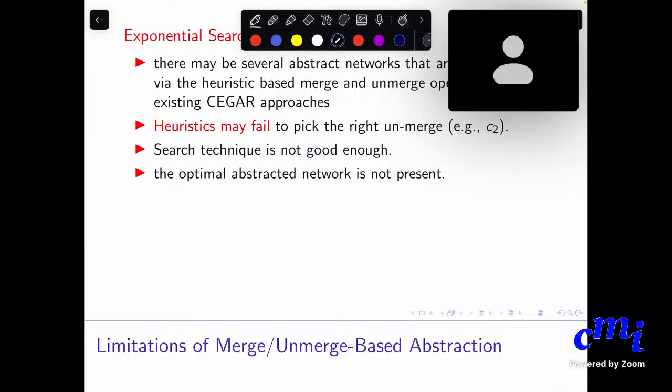Just one small question: here when we have this exponential search space, there are many different partitions we can choose, and all of them, if you follow Guy-Katz's method, will give us some abstract network by doing this min-max and sum, right? Yes.